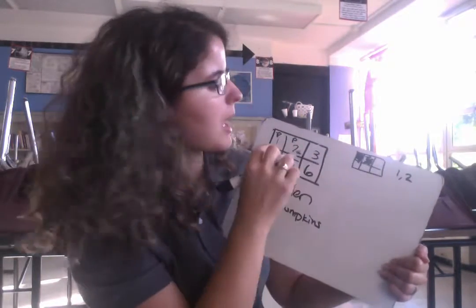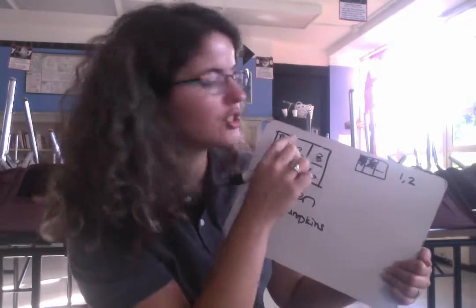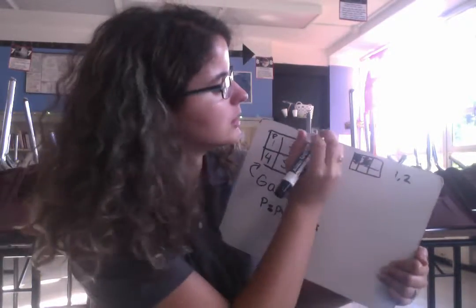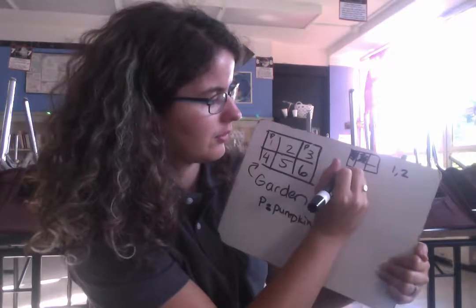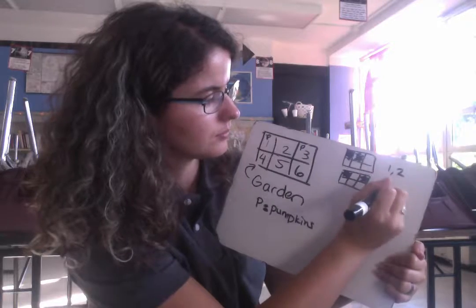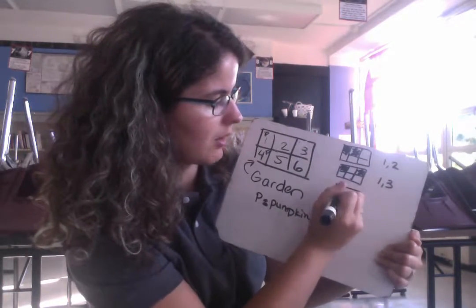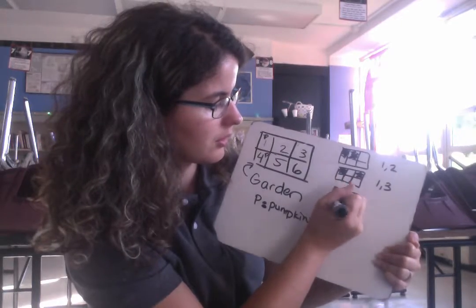So if I want to be systematic, one way I might do that is keep one of my pumpkins here and just move the other pumpkin around. So now I have 1 and 3. If I were to move this pumpkin down here, now I would have 1 and 4.